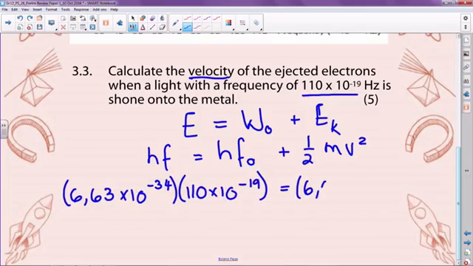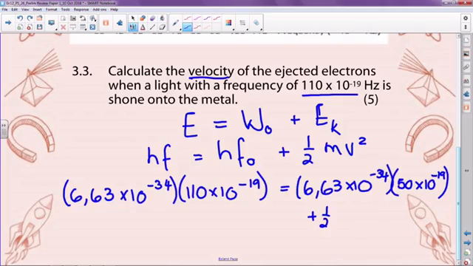That's still 6,63 times 10 to the minus 34. My threshold frequency was 50 hertz, 50 times 10 to the minus 19. Plus, I told you that the mass of an electron is 9,11 times 10 to the minus 31 times v squared. Now, out of the 5 marks, you've got 4 out of the 5 already.